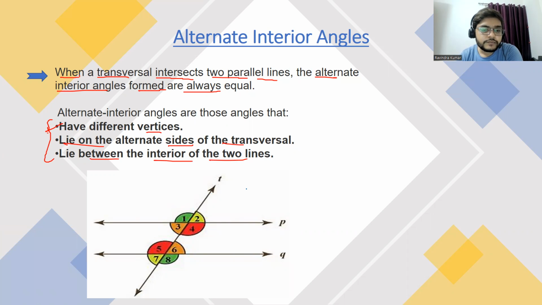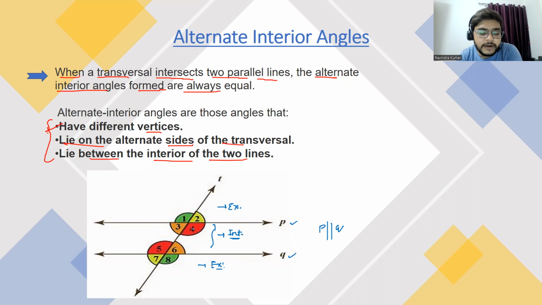So let's find out. You can say P is parallel to Q here, right? The interior part of P and Q is this one, and the exterior part is this one or this one. So here we need to find the alternate interior angles in the interior part. Let's have a look. We have different vertices.